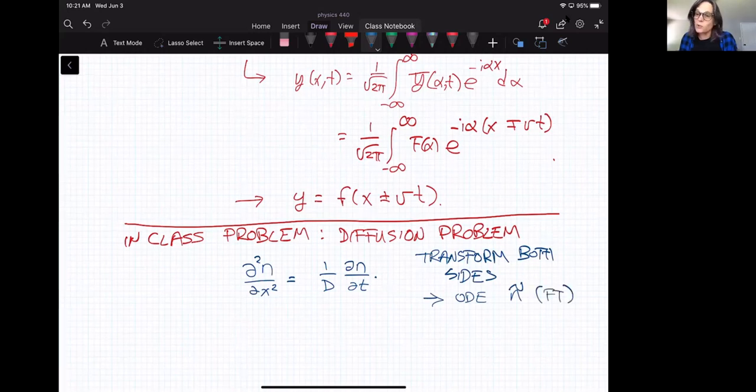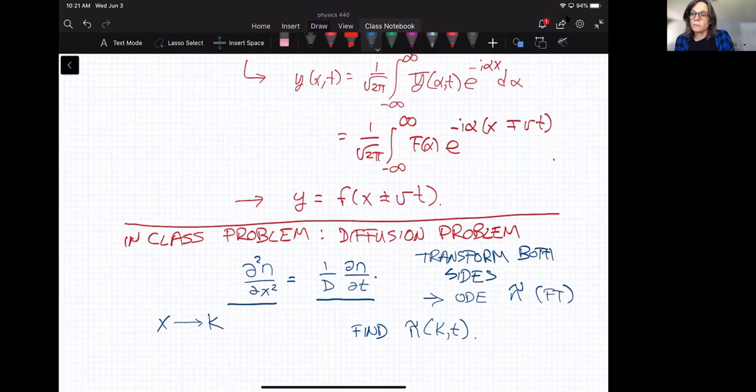And I want you to find the solution in k. That is, we're transforming from x space to k space. Same thing as going from omega to t. So what you're going to need to do is ask yourself how you make this a Fourier transform on each side.